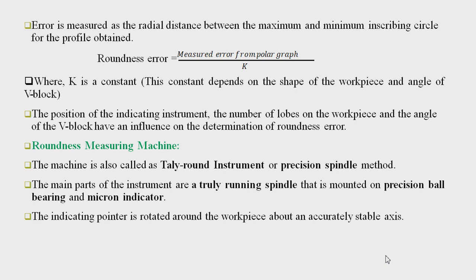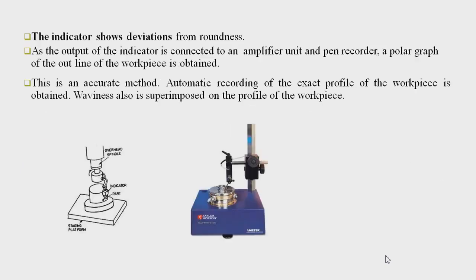Now second is the roundness measuring machine. This machine is also called the Talyrond instrument or precision spindle method. The main parts of the instrument are a truly running spindle that is mounted on precision ball bearings and a micron indicator. The indicating pointer is rotated around the workpiece about an accurately stable axis as shown in figure.